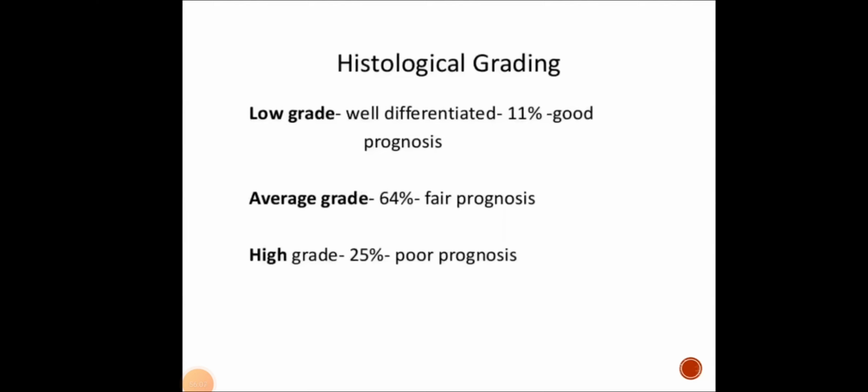That is the texture, means normal texture and shape, how much it is having, the less malignant it will be. So seeing the histological findings, based on the histology it can be graded. It is graded into three: stage 1, stage 2, stage 3. Stage 1 is low grade, stage 2 is average grade, and stage 3 is high grade.